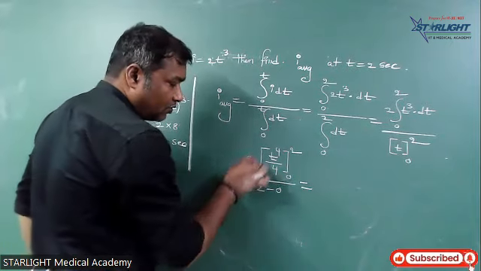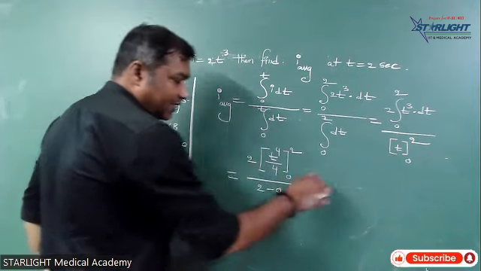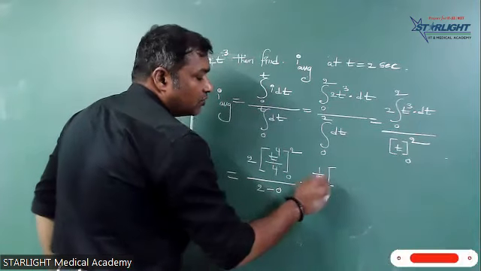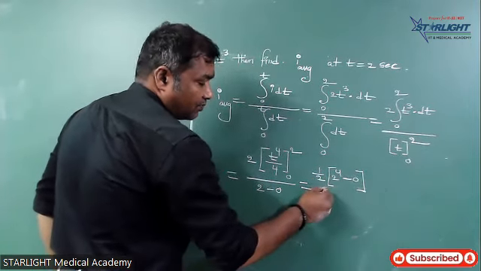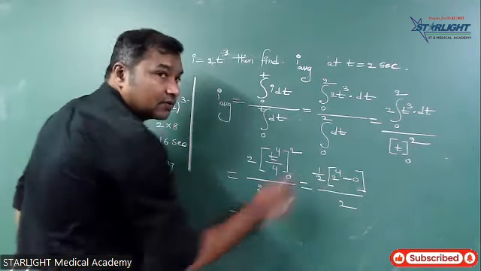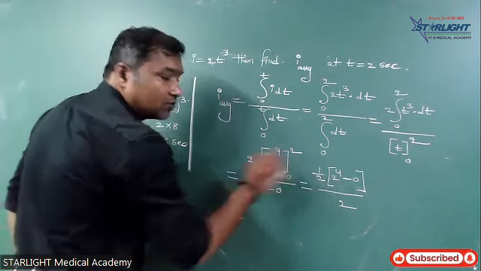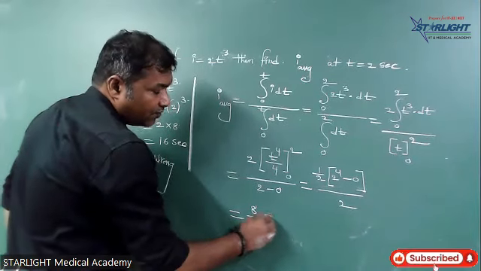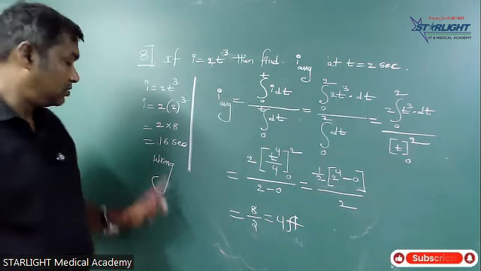That is 2⁴ minus 0⁴, 16 upon 2, which gives 8 upon 2, 4 amps. 4 amps is the current. Right answer. So this is wrong.